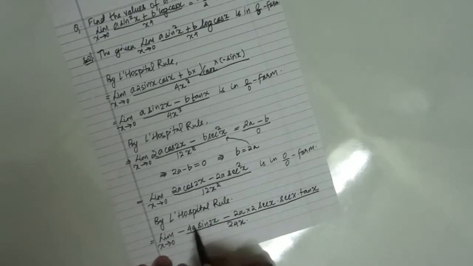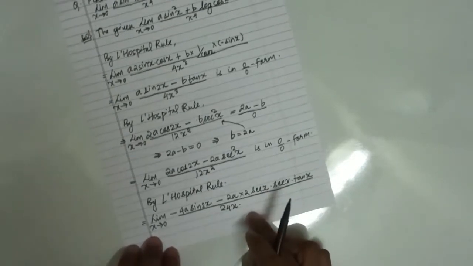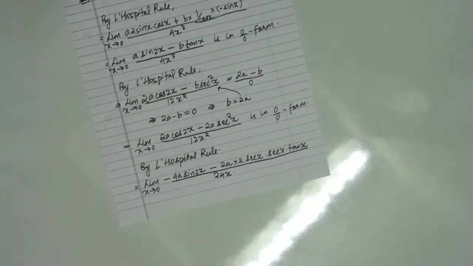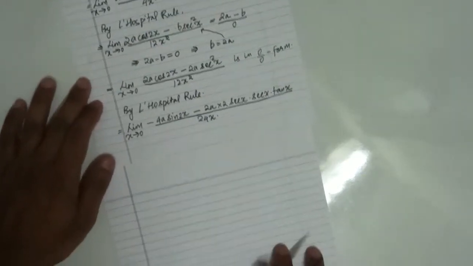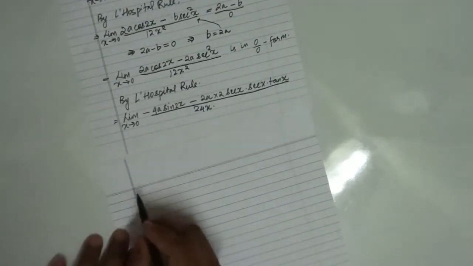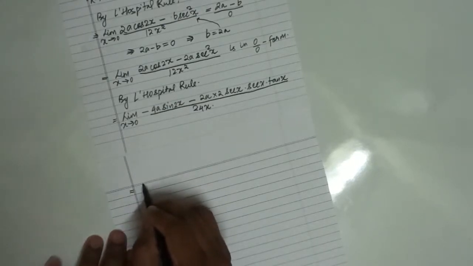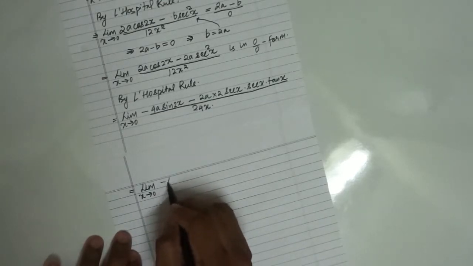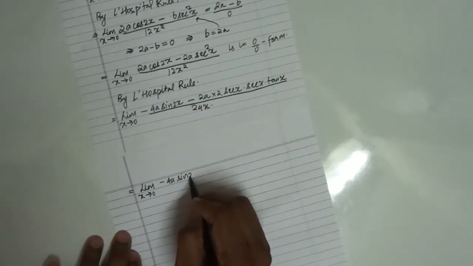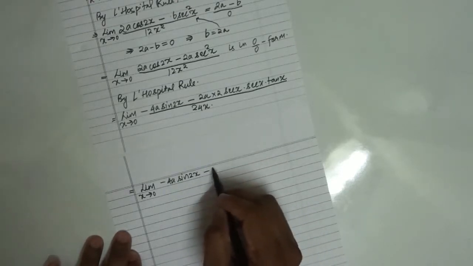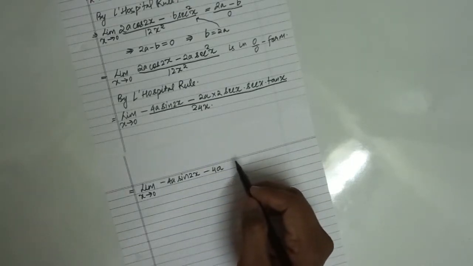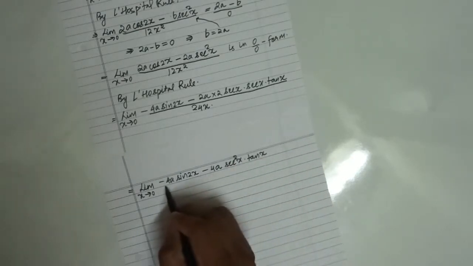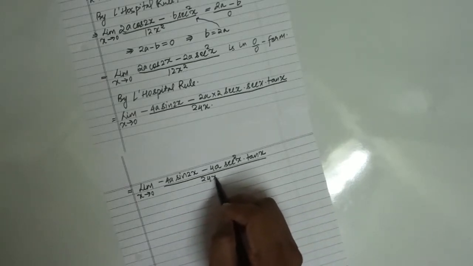Now I need to simplify the numerator, and after simplification I will have limit x tends to 0, minus 4a sine 2x minus 4a sec square x into tan x upon 24x.